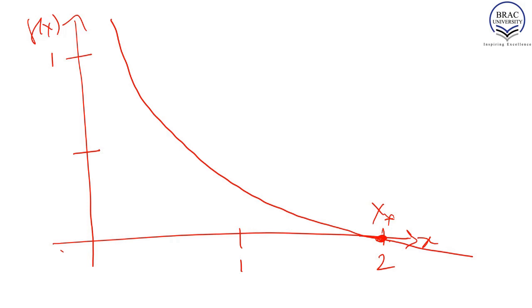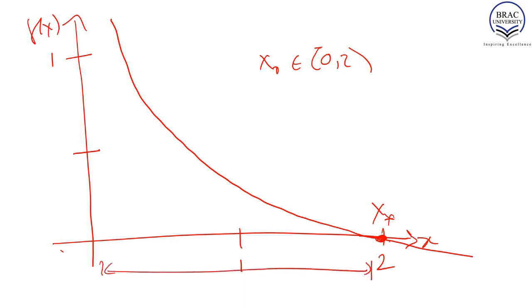So the idea is the following: we need to choose any point. That means x naught must be between 0 and 2. Why is that? Because if you choose a point in this interval, then you see the tangent will always intersect the x-axis. There is no way we can avoid that, so it will be converging.